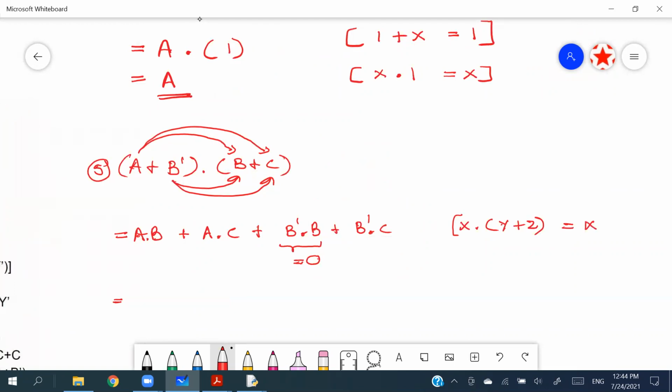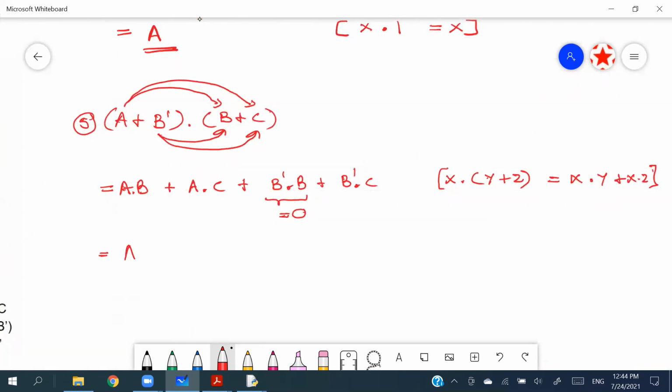So this equals x dot y plus x dot z. And next I'm going to say A dot B plus A dot C plus 0 plus B bar dot C. And that reason is B dot B bar equals 0.